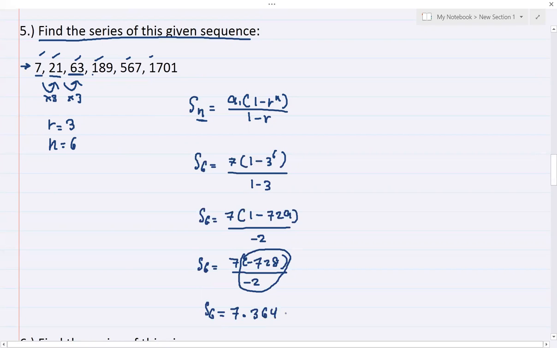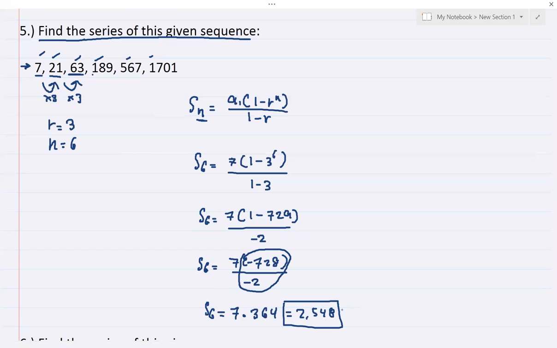So multiply 364 and 7, you will have 2,548. Forgive me, it's actually 2,548. I'm actually wrong. Forgive me. This is the correct answer. All right. So yep, 7 times negative 729 over. Yep. Okay. Forgive me. It's 2,540.